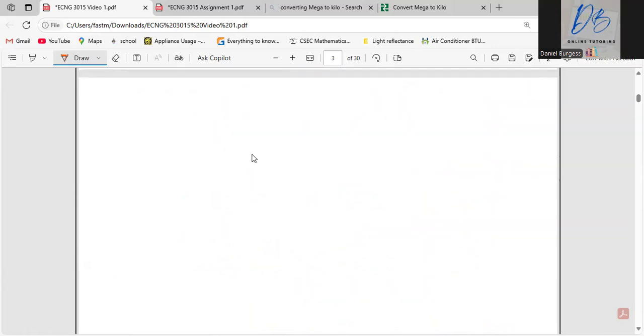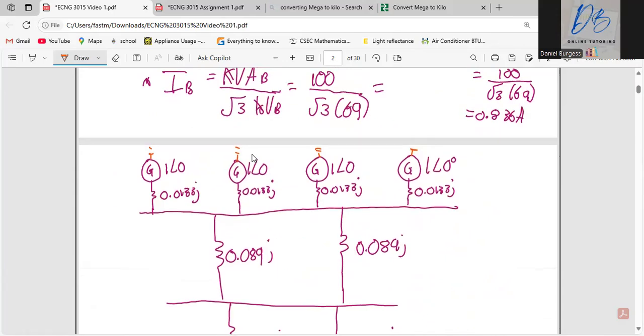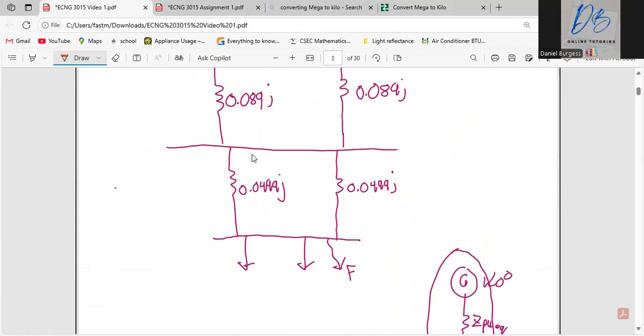So you basically just get one generator there, and it was 0.0133 divided by 2, and end up with 6.65.